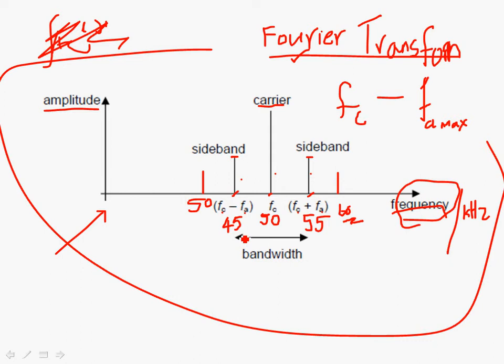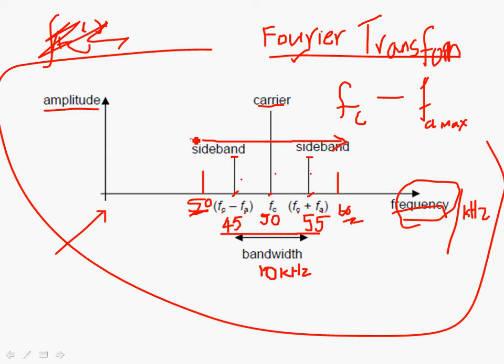Now bandwidth is the frequency range. So it's the largest frequency minus the smallest frequency. In the first case, where we had only one audio frequency, the bandwidth is just 55 minus 45, which is 10 kilohertz. If I had two audio frequencies of 5 kilohertz and 10 kilohertz, then the bandwidth would be slightly larger.